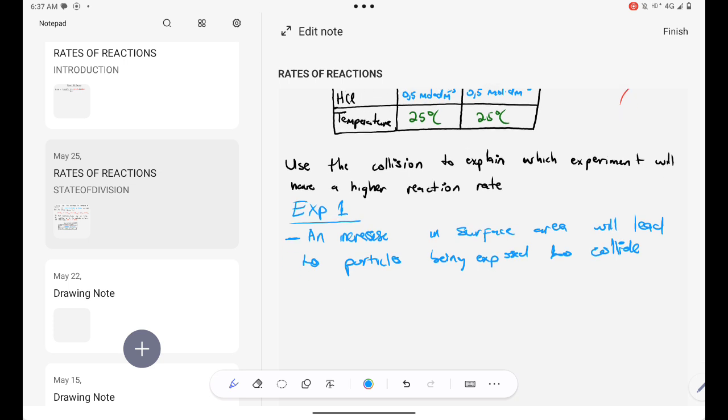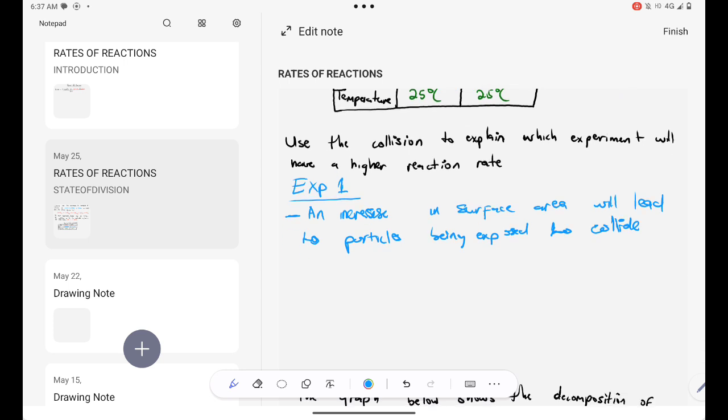More particles will be exposed to collide, and hence there will be more effective collisions in a short space of time.